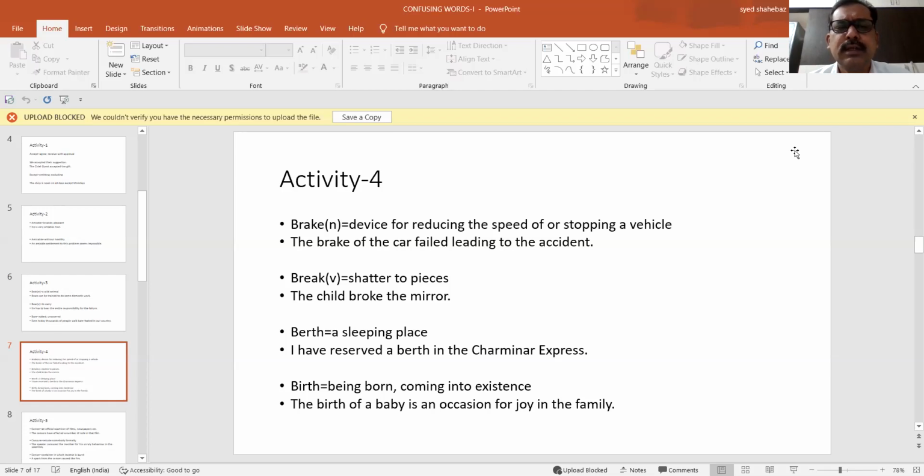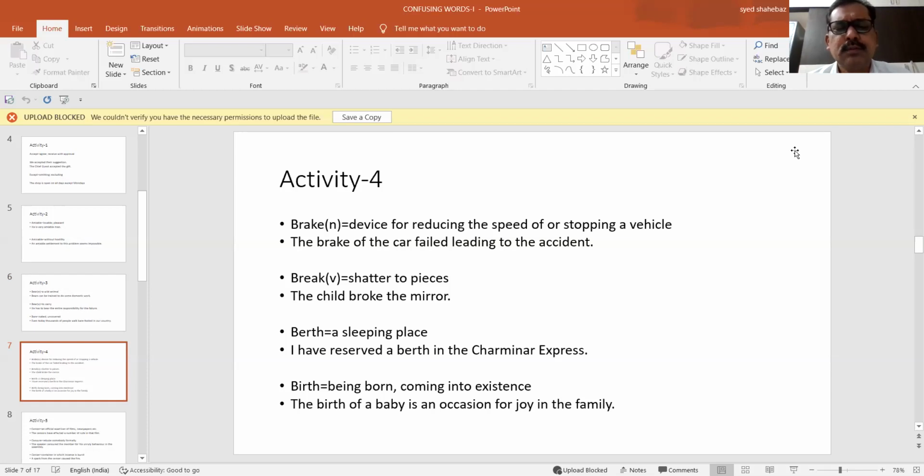The brake of the car failed, leading to the accident. So brake is a device that is used to control speed and to stop the vehicle.